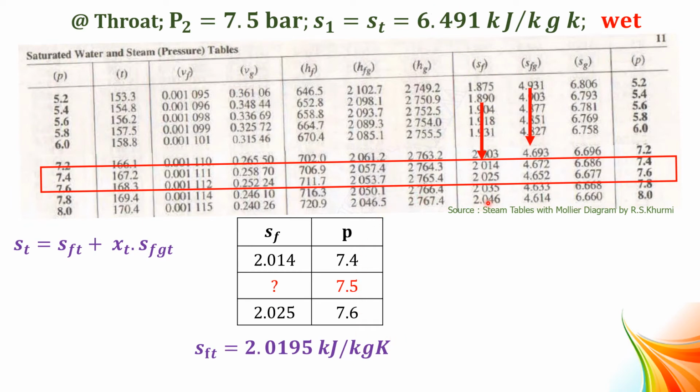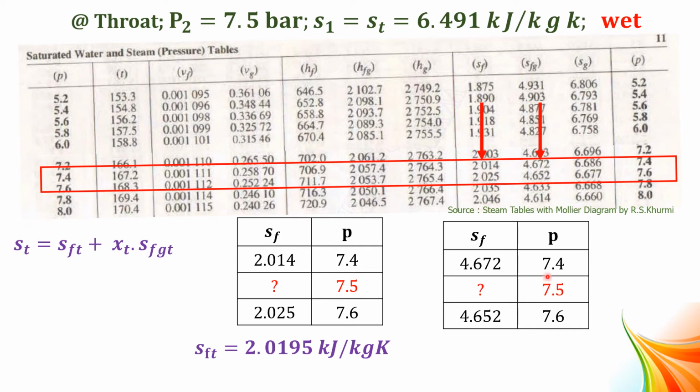Now we have to find out the value of Sfg. So for calculating the Sfg, we have to take the values corresponding to 7.4 bar and 7.6 bar, then interpolate it, and you can get the value of Sfg, which is 4.662 kilojoule per kilogram Kelvin.